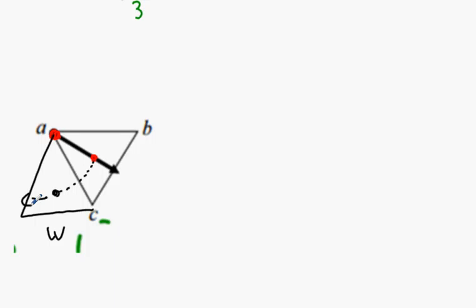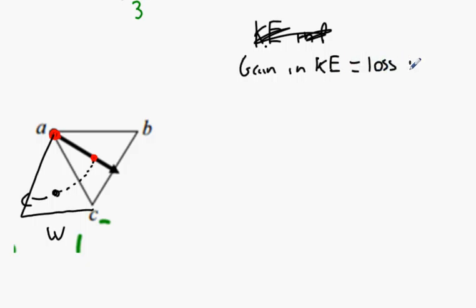Now, what we're going to do is gain in KE, obviously. Gain in kinetic energy equals loss in potential energy. First of all, what type of kinetic energy do we have here?